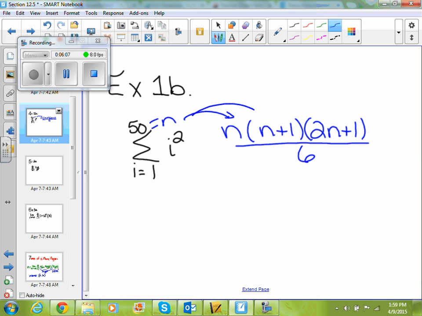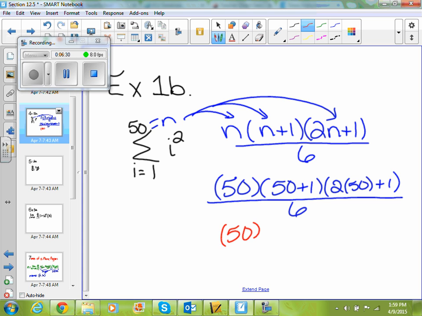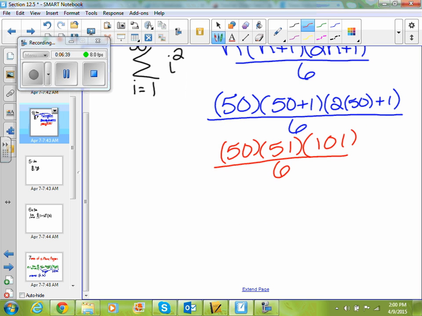So if I plug in 50 for all my n's, I get 50 times 50 plus 1 times 2 times 50 plus 1, all divided by 6. So 50 plus 1 is 51. 2 times 50 is 100, so plus 1 is 101, divided by 6.